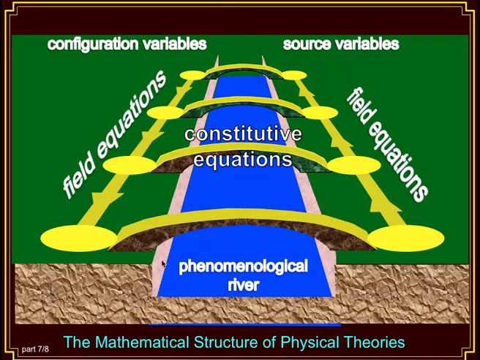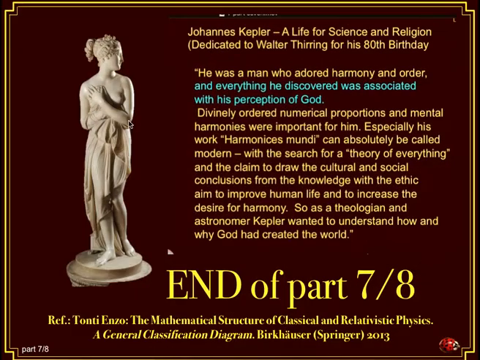And here you can speak of a phenomenological river because between the two there is a phenomenology, and these equations are constitutive equations, as we shall explain in the next presentation. This is a pictorial view of the structure of physical theories.